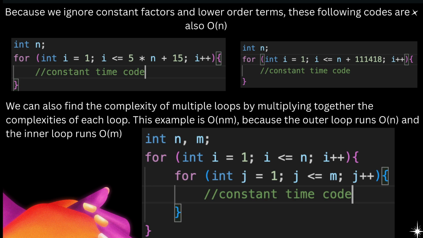The outer loop runs with the complexity of O(n), and the inner one runs with O(m). The multiplication of the two complexities gives us O(n times m), which is the time complexity of this code.